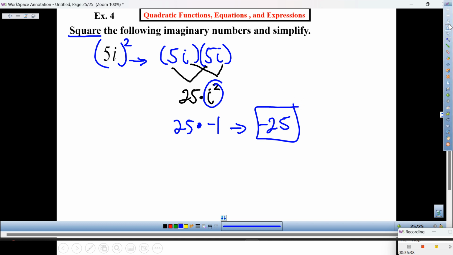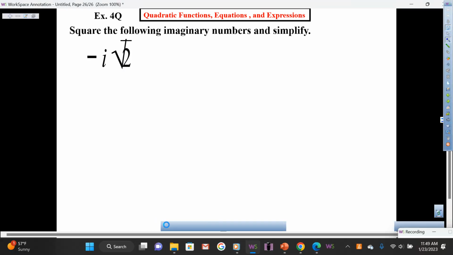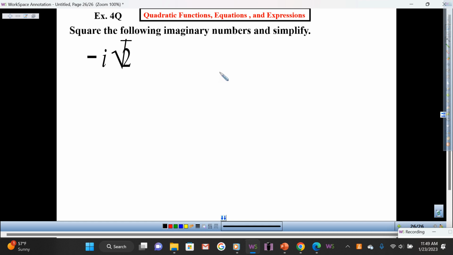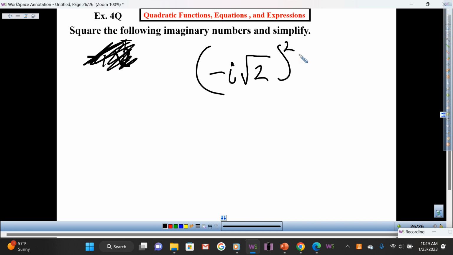Here we go. Copy this one. Negative i times square root of 2. And we're going to square it. All right, what does that mean?